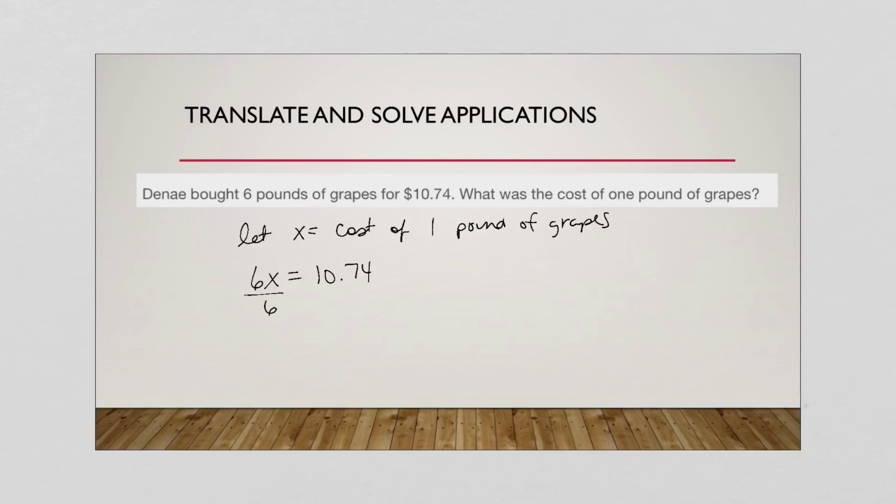If I divide both sides by 6, I get the cost of 1 pound. So on my calculator, 10.74 divided by 6 is $1.79. Don't forget, always write what it means for 1 pound of grapes.